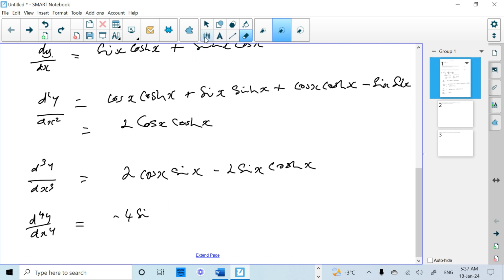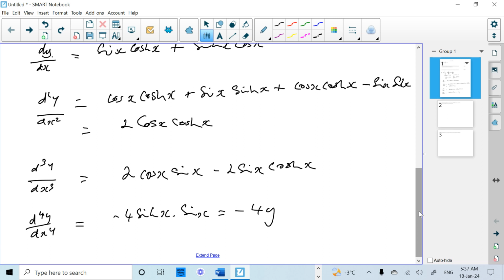That's minus 4 sinh x sin x, and of course that will be equal to minus 4y, which is what they want you to have.